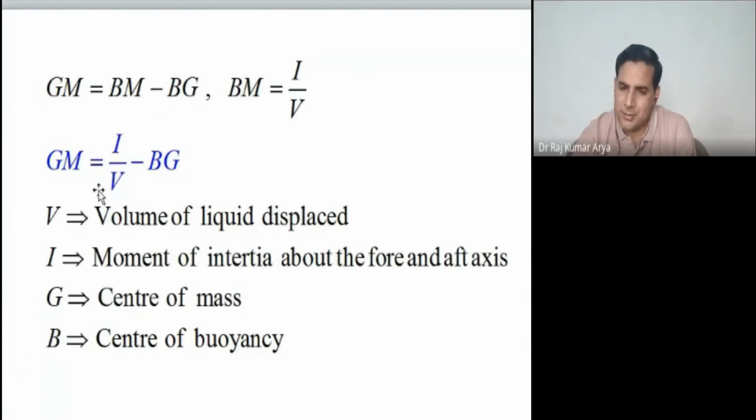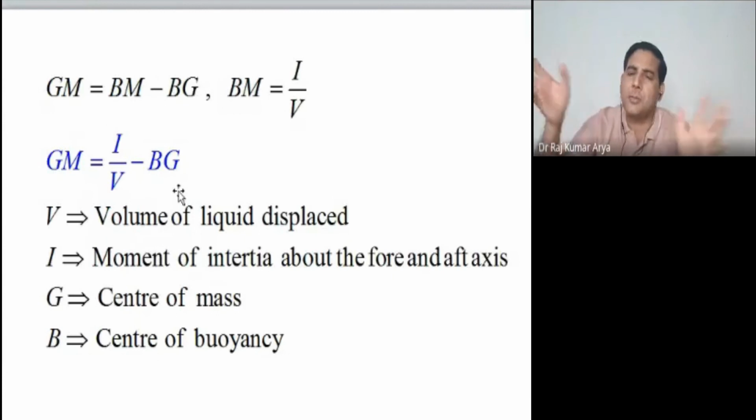By knowing this, you can substitute here and calculate the metacenter of your floating body. This needs to be done before you put the body inside the real sea. You have to do this primary practical work in your tub or bath, and based on that, you scale up your body and then put it inside the sea.